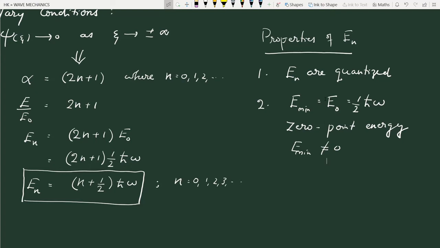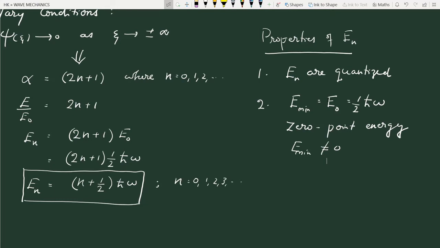And this non-zero nature of minimum energy is a consequence of the uncertainty principle. We have discussed this when we considered a particle in an infinite potential well; there also minimum energy is non-zero. Using the uncertainty principle, we can argue this. Considering a one-dimensional case, delta x is finite in the case of a linear harmonic oscillator, or a particle in an infinite or finite potential well. If delta x is finite, delta p is always finite according to the uncertainty relationship.